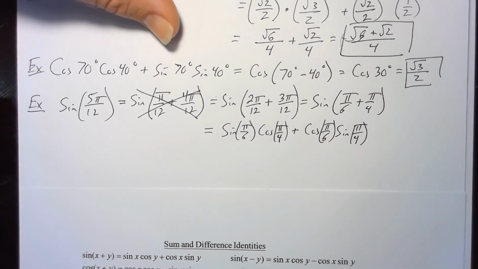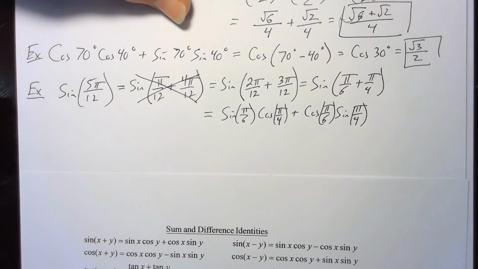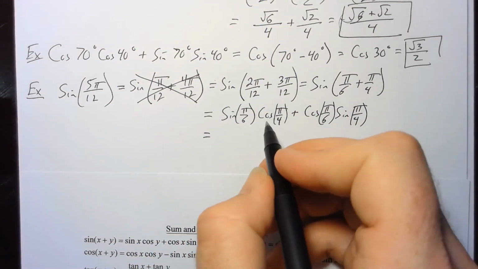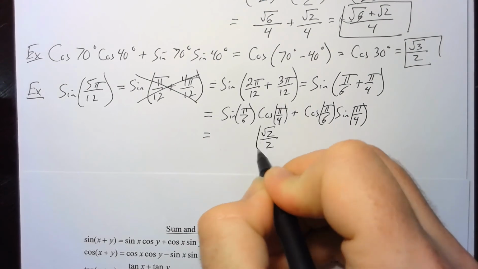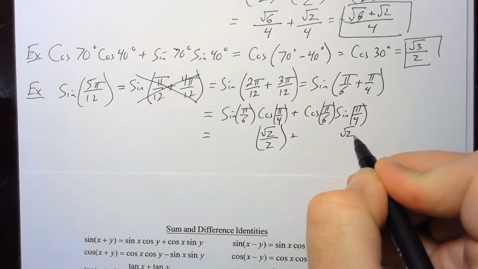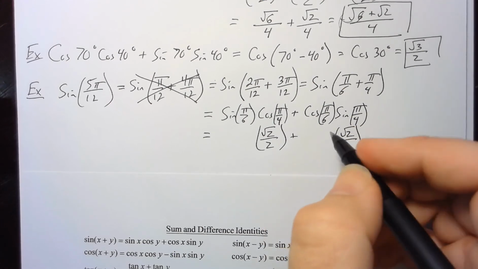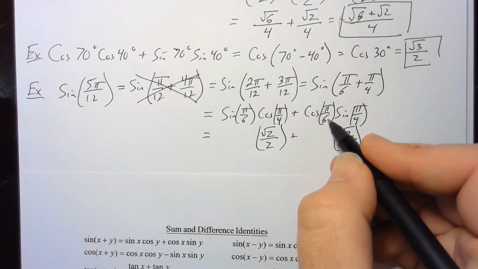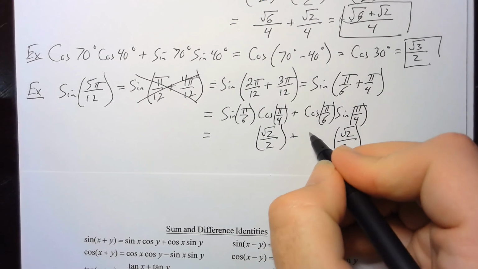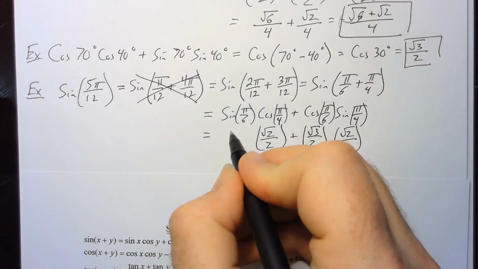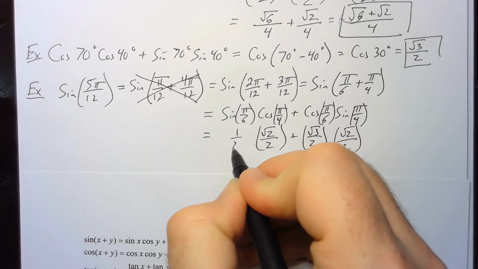Now that I have all that, I just go back to the unit circle, evaluate those individual details, and evaluate what they actually are by simplifying. I know that pi over 4 for both sine and cosine are radical 2 over 2. I know that the cosine of pi over 6 is the same thing as the cosine of 30 degrees. The cosine of 30 degrees was radical 3 over 2. And the sine of pi over 6 is going to be, again, the sine of 30 degrees, which is just 1/2.